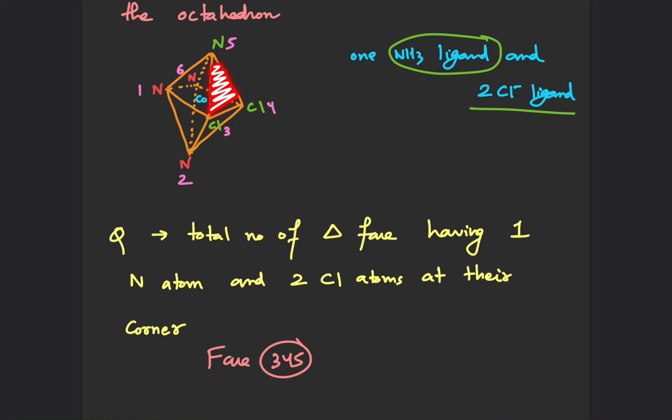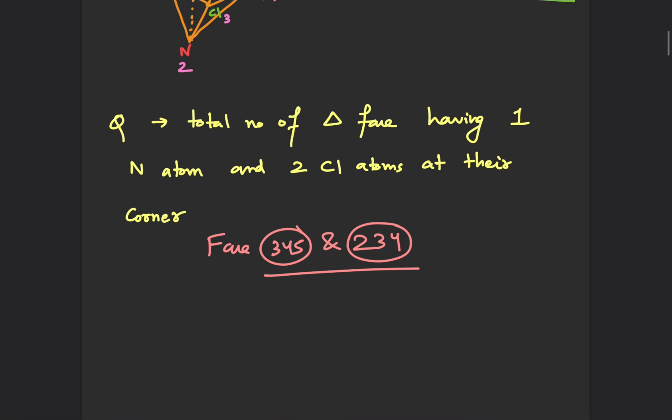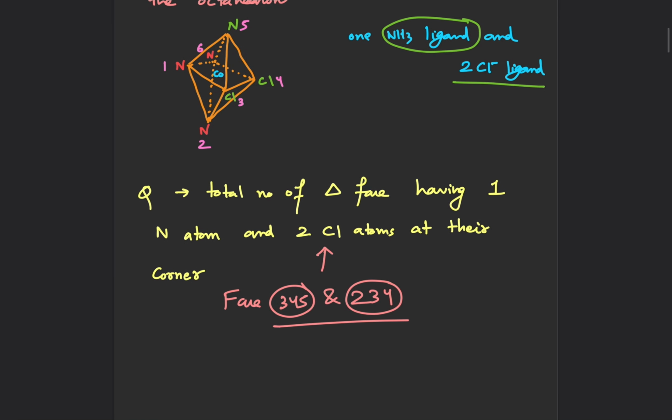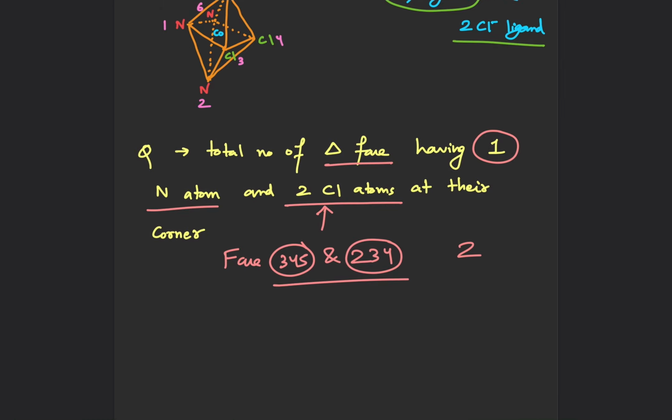So this is one such face. And 2 3 4, this is the face I am referring to. You can see there is one nitrogen and two chlorine atoms, which satisfies the criteria. These are the only two faces that satisfy this criteria, so from cis we have two such faces.